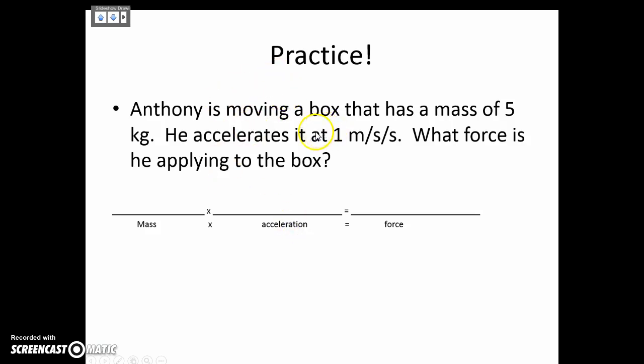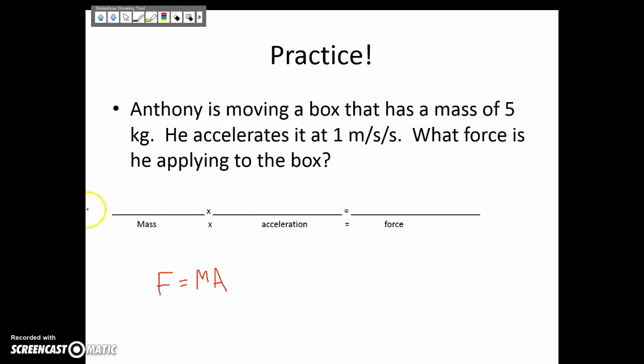All right, let's do a practice problem. What force is he applying to the box? We want force for an answer. We want F equals ma as the formula we're going to choose. So we're going to use F equals ma, and you can amuse yourself while I write like a kindergartner here.